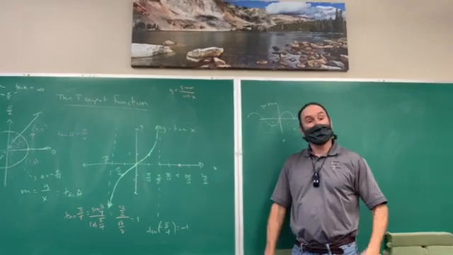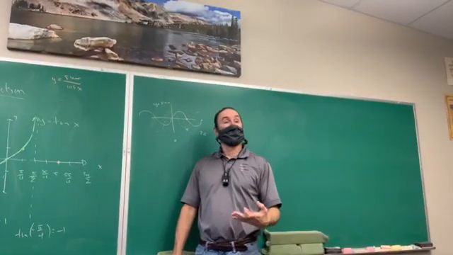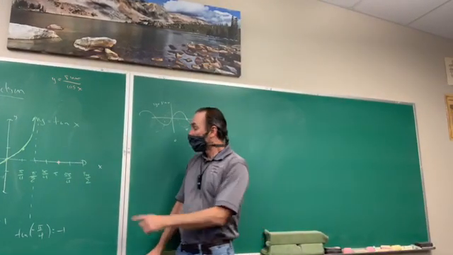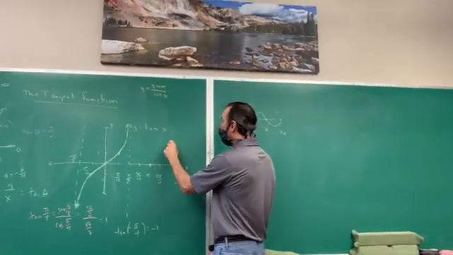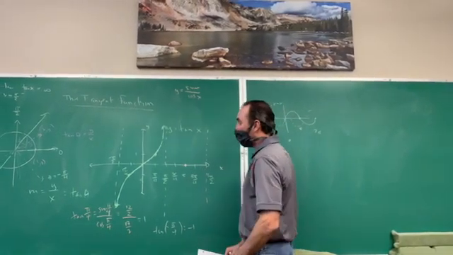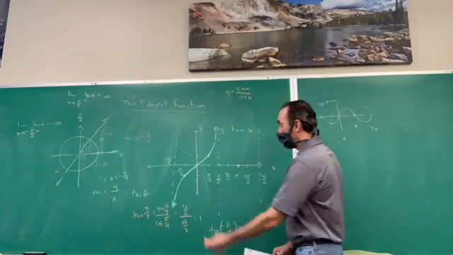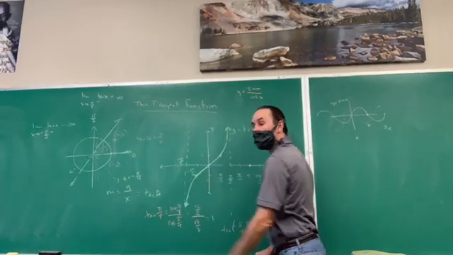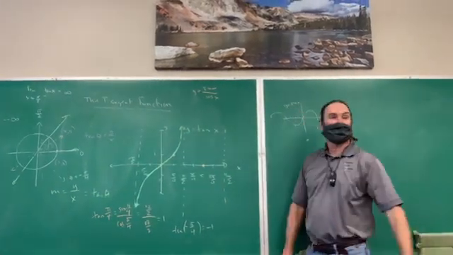And where it's undefined, that's going to be a vertical asymptote. So at the over 2's, 3 pi over 2, negative pi over 2, and negative 3 pi over 2, and so on, you're going to get another vertical asymptote.